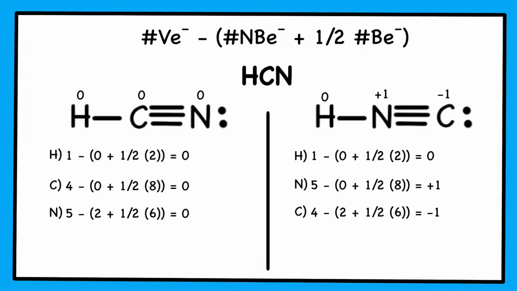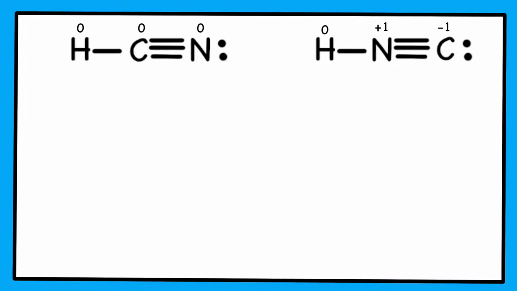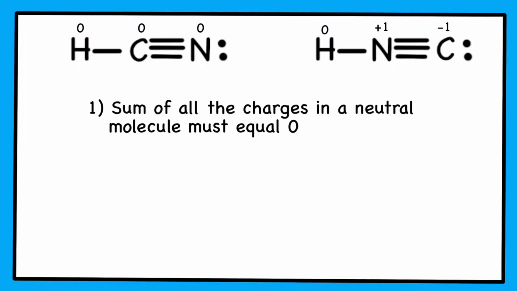Now that we have worked out the formal charge for each possible molecule, how then do we know which structure is correct? Well, here are some basic rules to distinguish the stability between opposing Lewis structures. Rule 1: the sum of all the formal charges in a neutral molecule must equal 0.